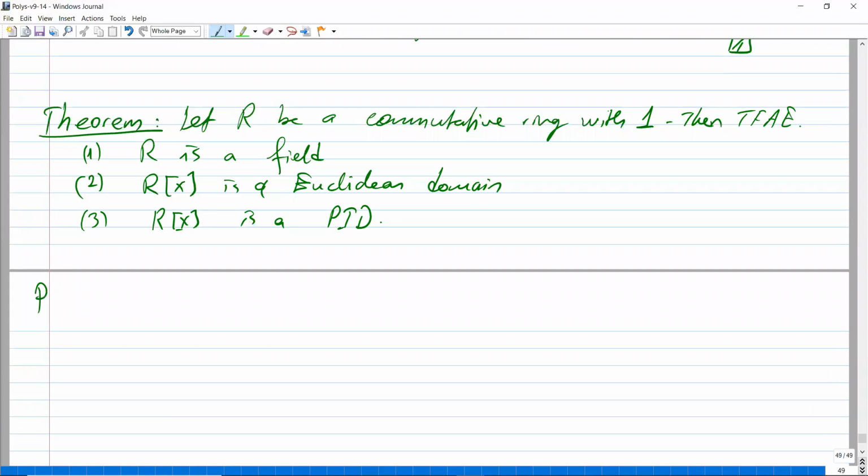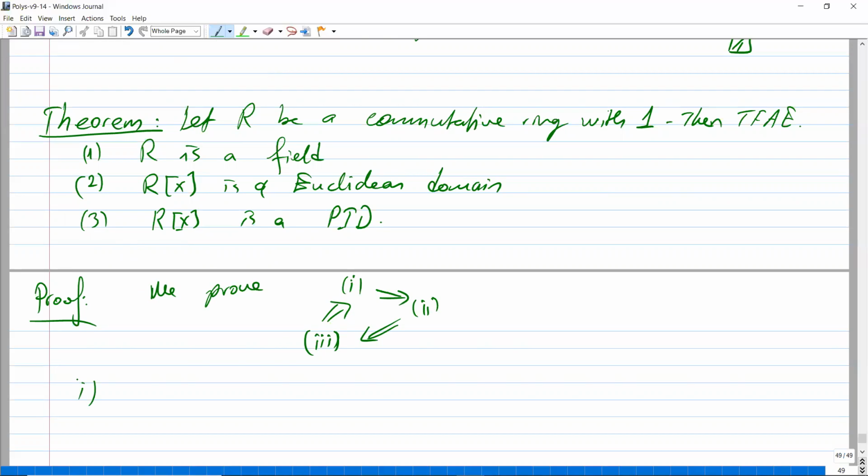And proof. We will prove this way, that 1 implies 2, 2 implies 3, 3 implies 1, so any one of them will imply the other.